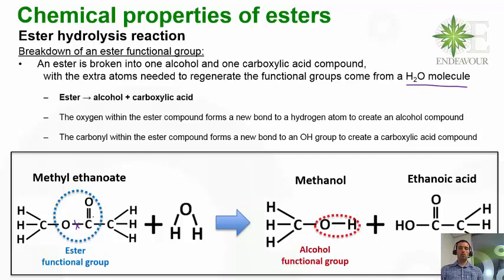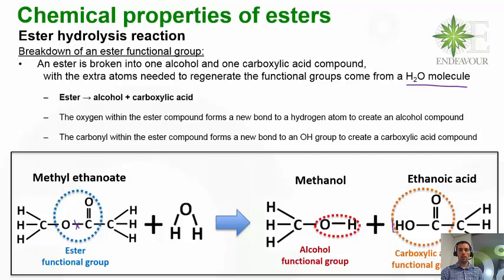And once they separate, we can have the functional groups being remade by forming an additional chemical bond. So by the oxygen forming a bond to hydrogen, we regenerate the hydrogen atom, and by the carbonyl group forming an additional covalent bond to the OH group, we've now got the carboxylic acid.